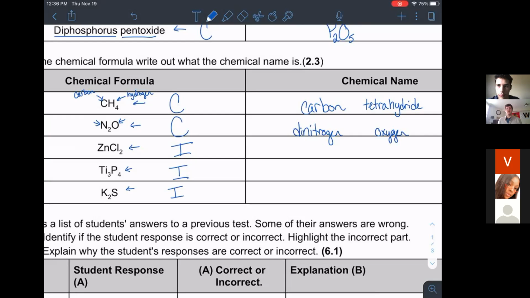Careful, this one's the tricky one. The second element always gets a prefix no matter how many there are. We always have to tell how many that second element has. So what is the prefix in front of that second element, oxygen? What is the ending? IDE. So that's the ending. Good. We changed the ending of oxygen to IDE. But what's my prefix going to be?